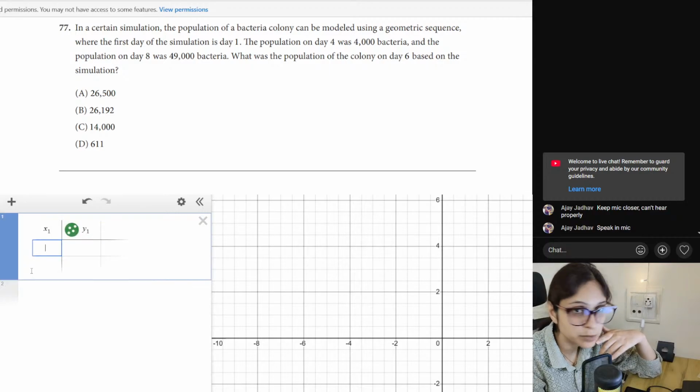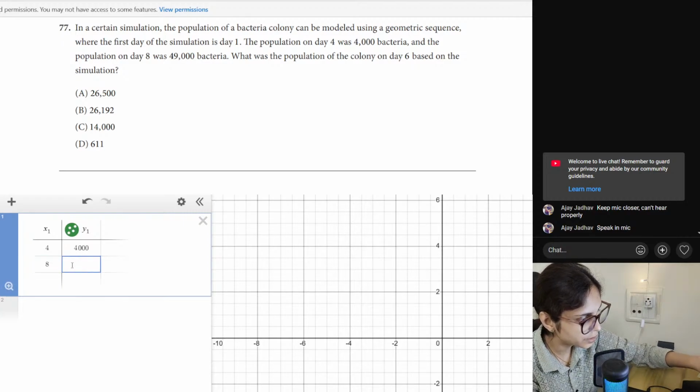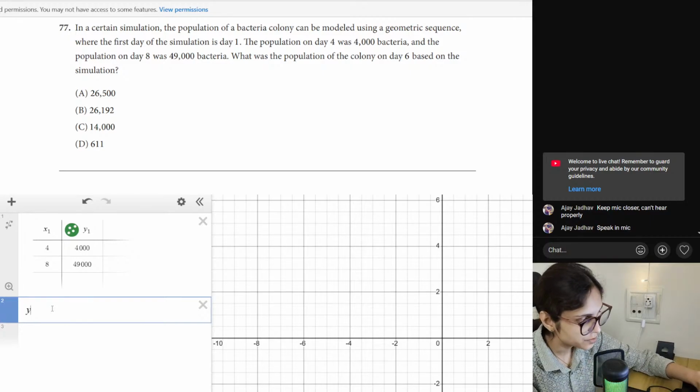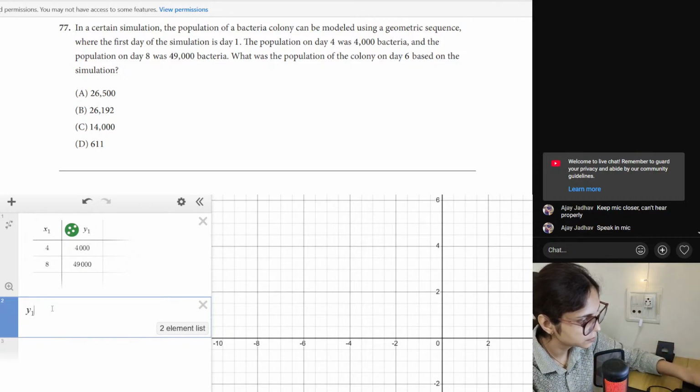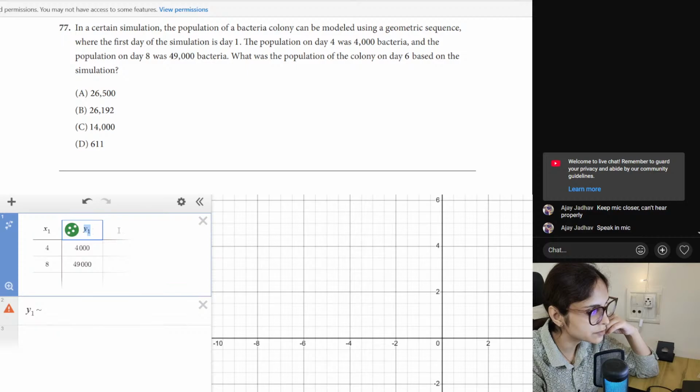So I'll make the table. At 4 it is 4,000. At 8 it is 49,000. And geometric sequence y1, this is the regression. For regression you write y1 because it is y1 over here.